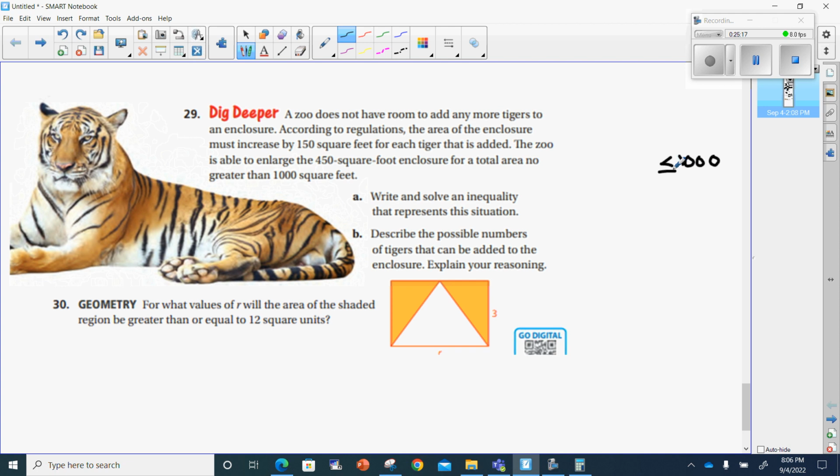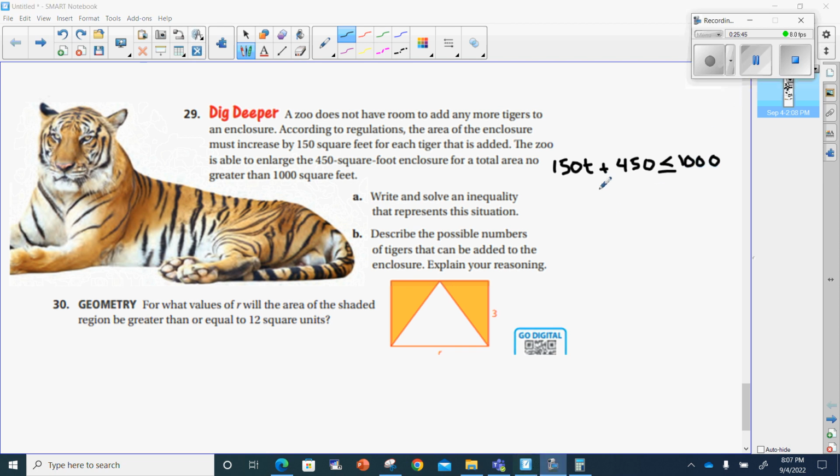Or it can be less, right? But it can't be any bigger than that. And we're talking 450, they said. It could be enlarged. And it's 150 per tiger. So 150, we'll just put T, plus 450 is going to be less than or equal to 1,000.